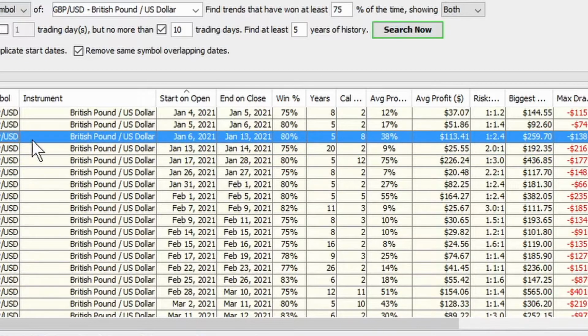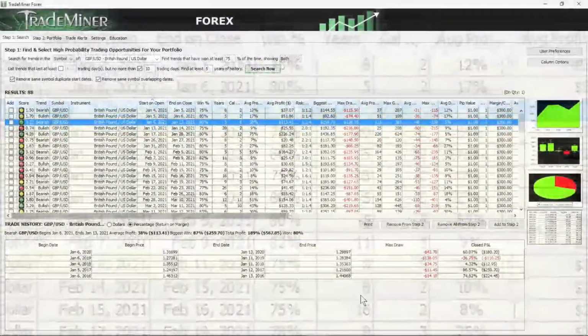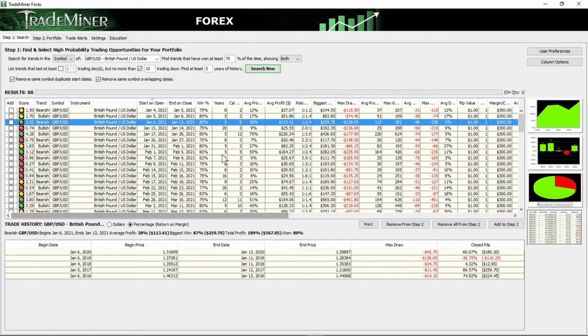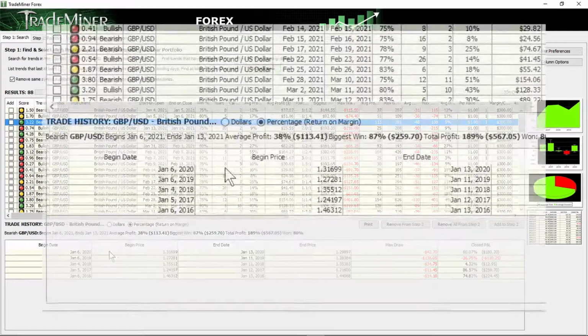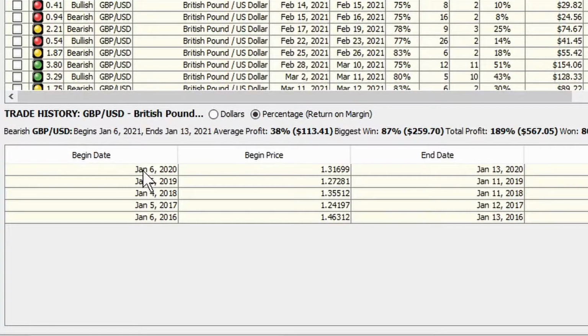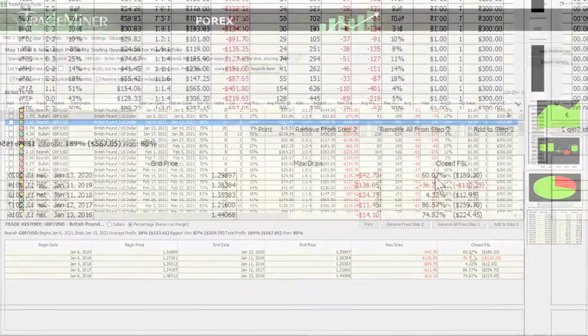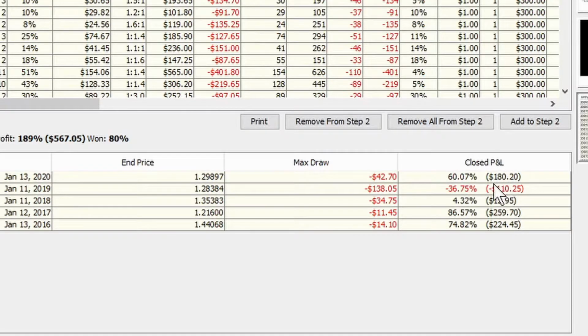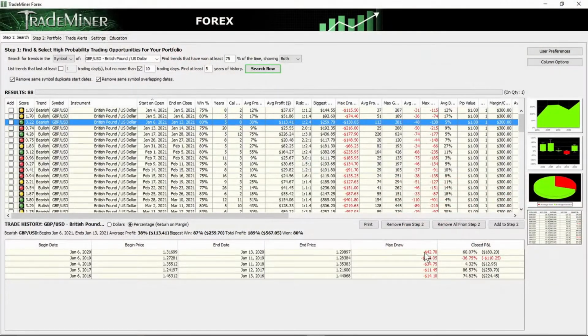Wait, let me get the right one. There we go. Over the course of 5 years, and you can see it down here, 80% of the time your trade would be profitable. All right. So from January 6th to January 13th, you had a profit of 60%, which gave you $180 with a drawdown of 40. So that's pretty decent. That's a decent risk reward.